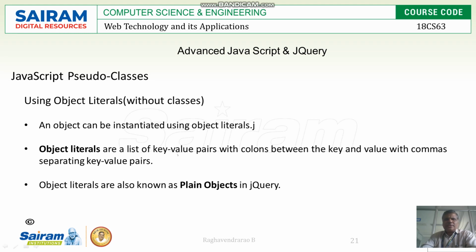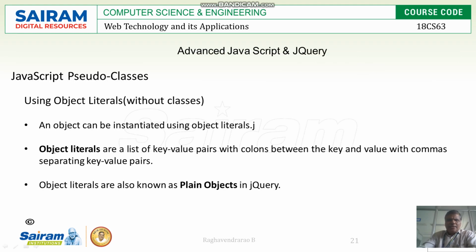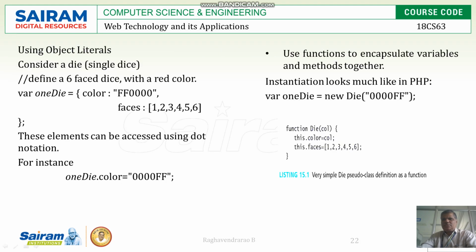Object literals are key value pairs with colons, meaning you'll write it like this: color, colon, the color name. Object literal, that is the key value pair that is going to be present. And they are also known as plain objects in jQuery.